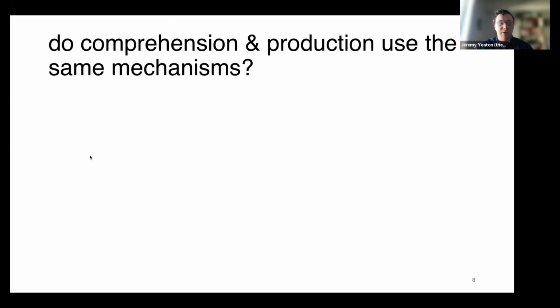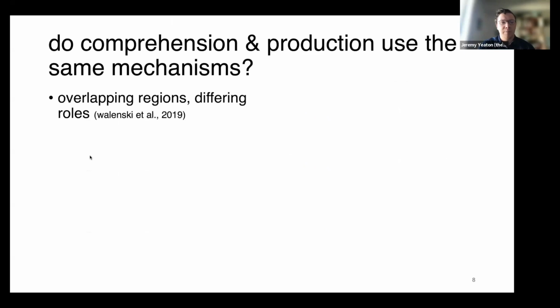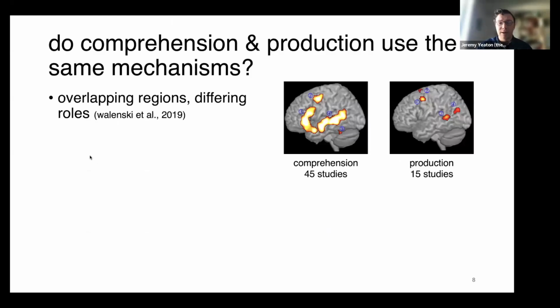So if, on the one hand, production and comprehension use the same mechanisms and the same underlying neural substrate, we don't have to worry about it. We can just use comprehension and just kind of refine our comprehension testing strategies. But in an ALE meta-analysis, Walensky and colleagues found that they had overlapping regions implicated in production and comprehension, but not exactly the same system.